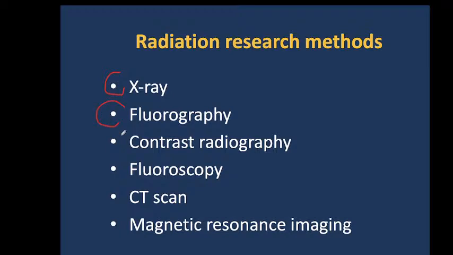Fluorography, I hope you remember, is a method to diagnose the chest organs, mostly lungs. Contrast radiography is used in combination with injection of some kind of fluid which absorbs X-ray radiation.